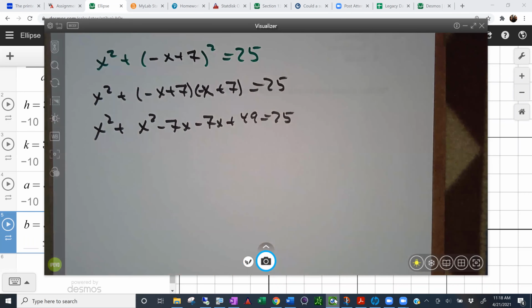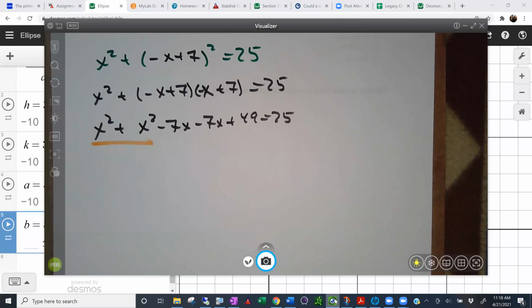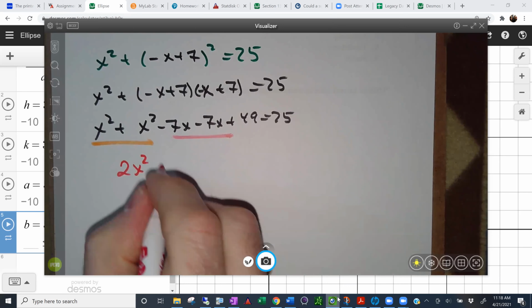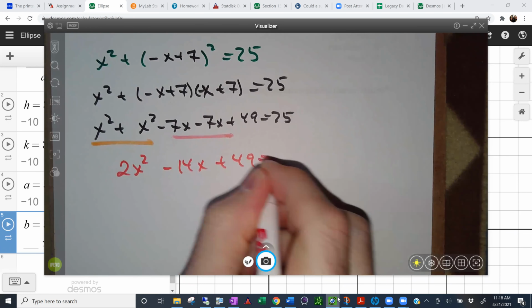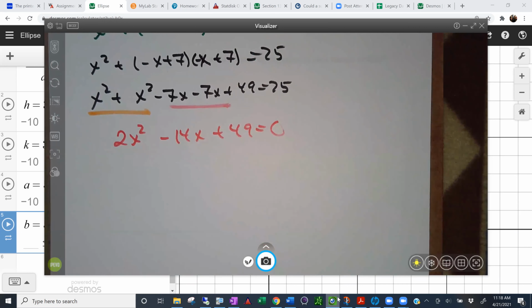You've got like terms here and here. And you've got like terms here and here. Let's combine those. That gives me 2x squared minus 14x plus 49 equals, well, not 0, how about 25?